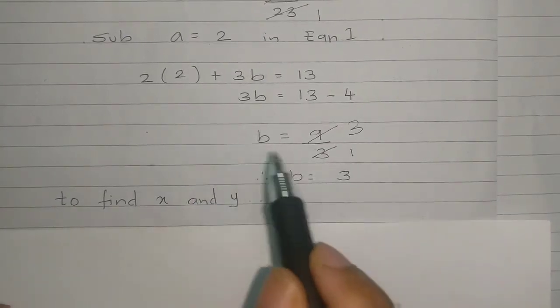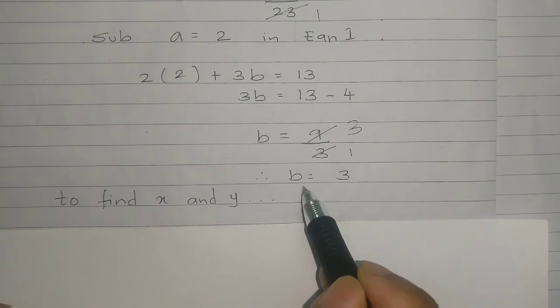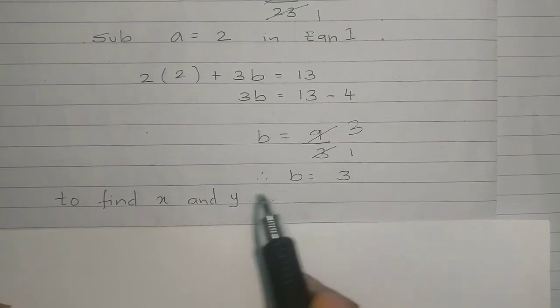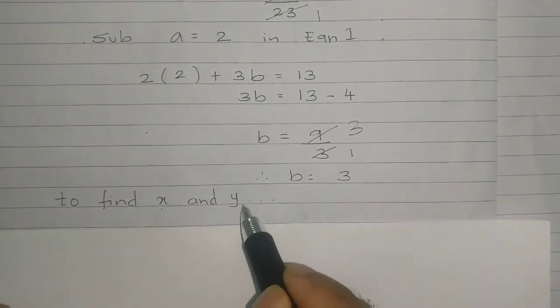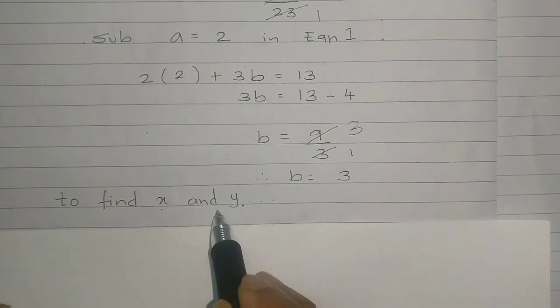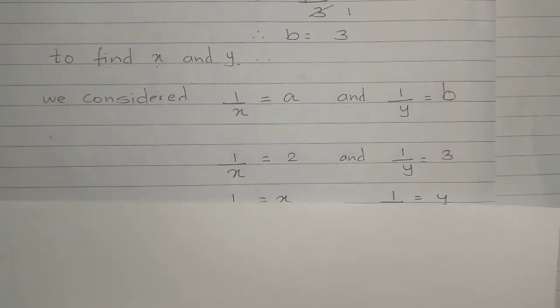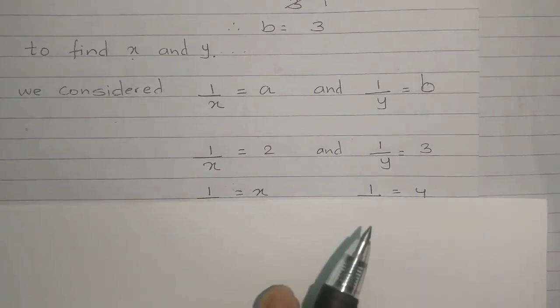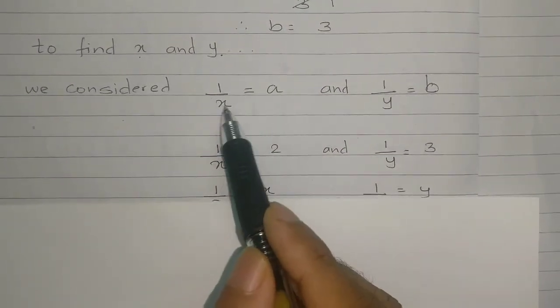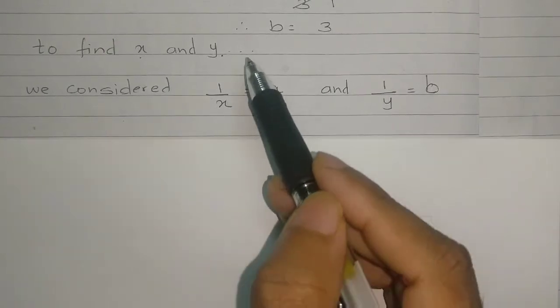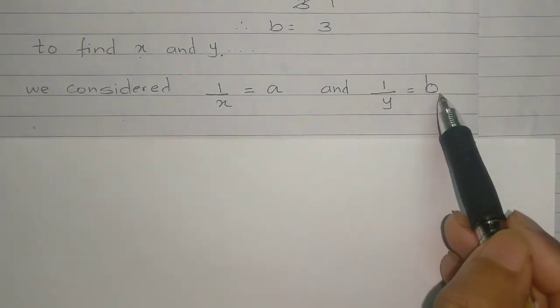Now, am I supposed to find out the value of a and b? No, I have to find out the value of x and y. Now to find x and y, what I will do is, I had considered 1 upon x to be a and 1 upon y to be b.